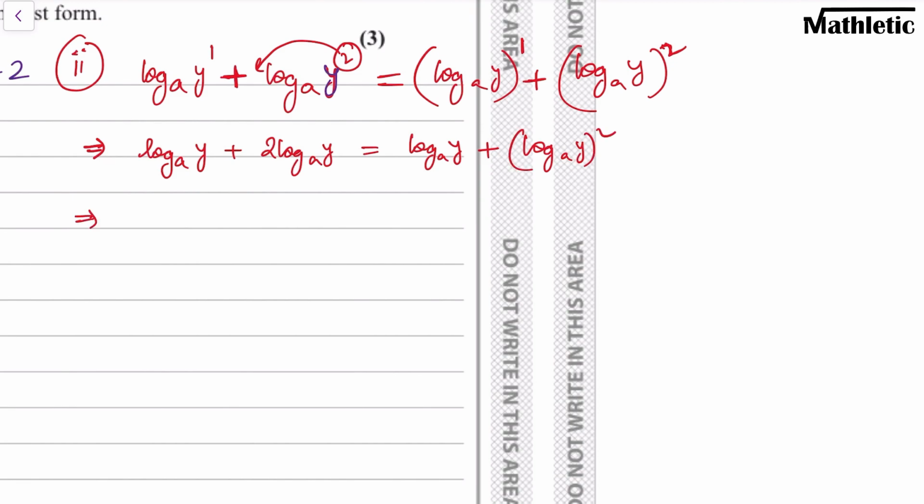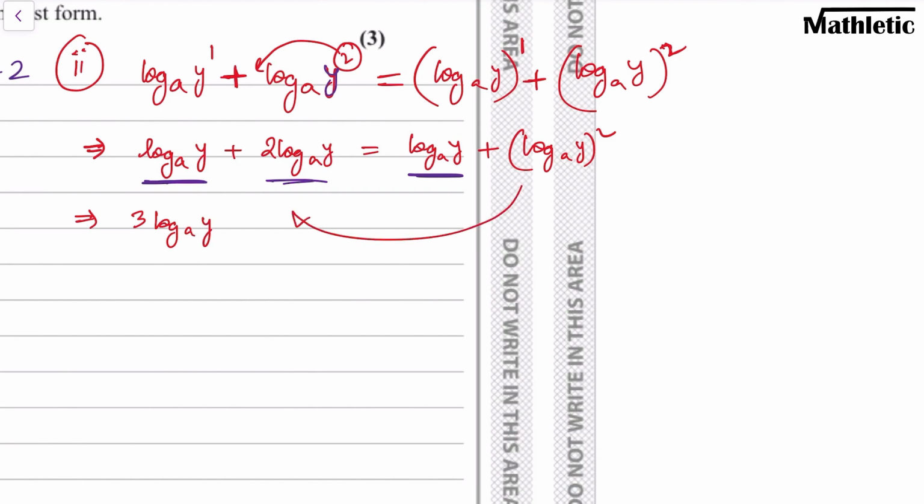So next it's the same term, right? log_a y, log_a y, log_a y. So 1 plus 2, and then we have 1 at the right side. So this 1 plus 2 gives us 3. So 3 log_a y.